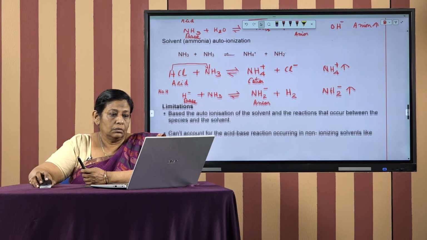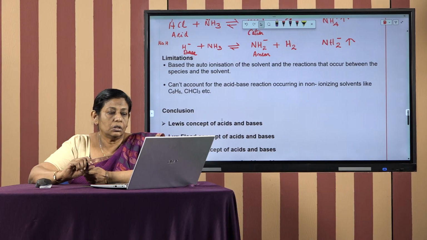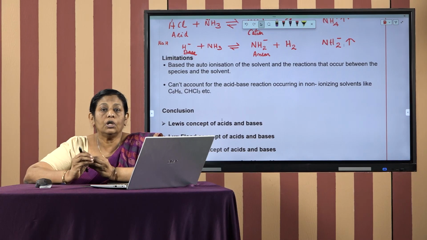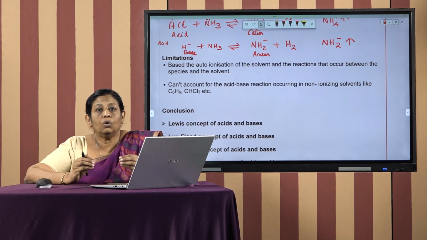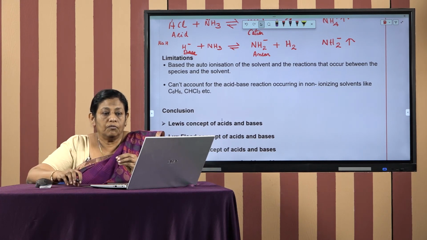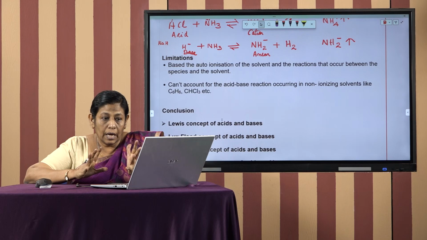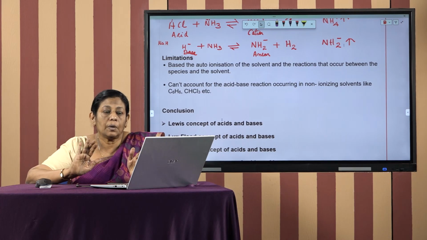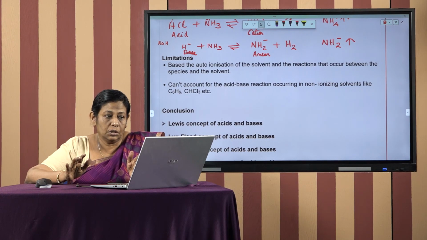Now, again the limitations. It is based only on autoionization of the solvent and reactions that occur between the species and the solvent. So, we can consider only those reactions in which we have a solvent, and that solvent should be capable of autoionization. It is applicable only to such systems.